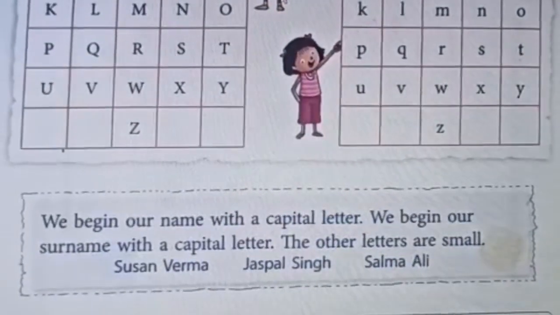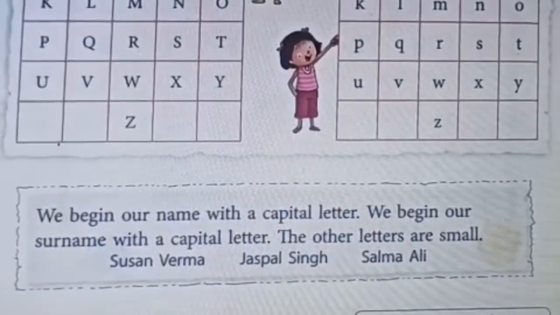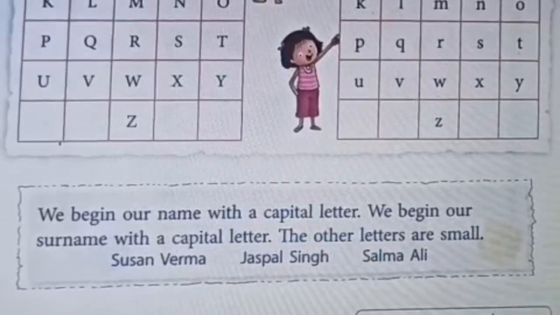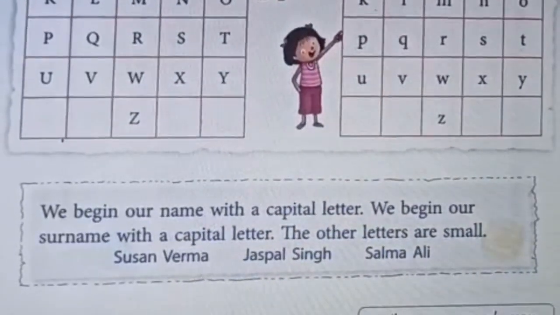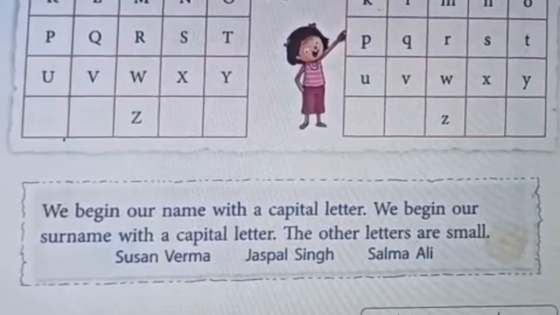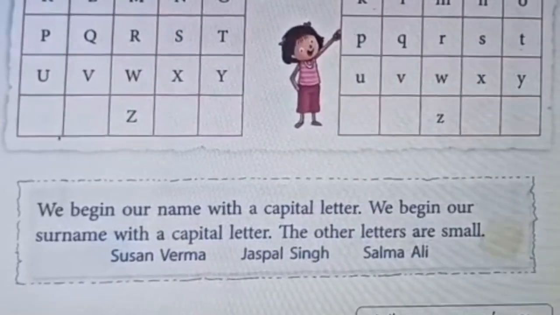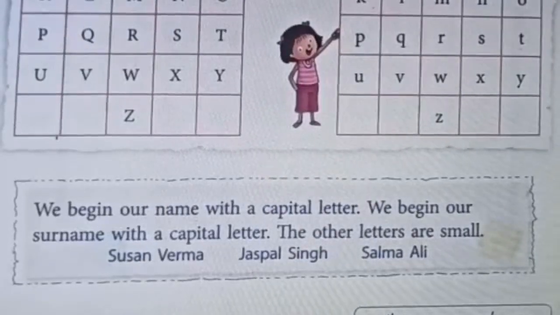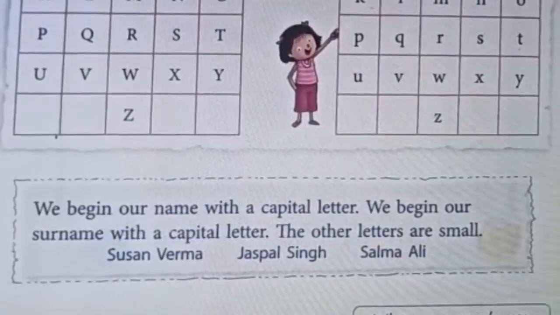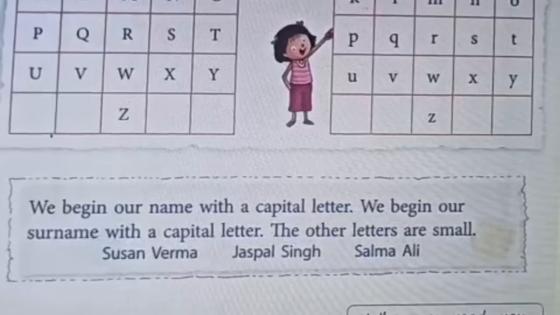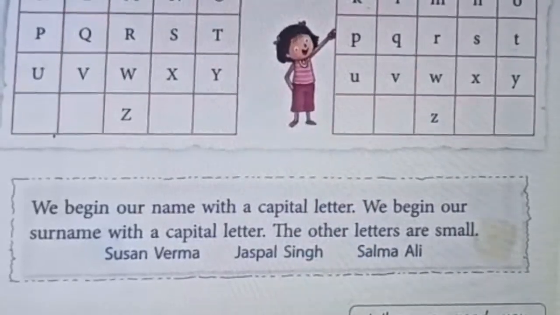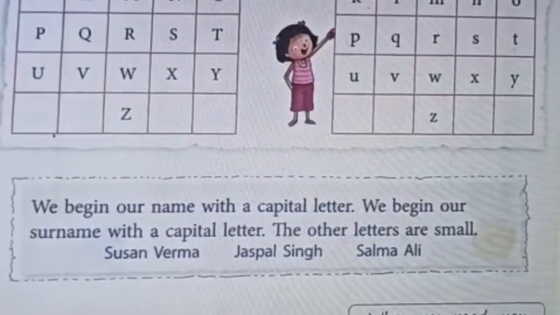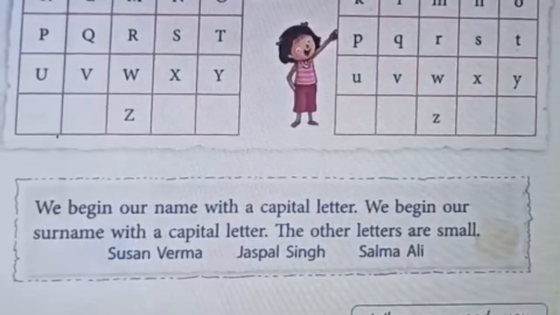We begin our surname with a capital letter. The other letters are small. Like for example, here given Suzanne Verma. So for Suzanne, first letter S is capital and Verma is surname. So V, the first letter, is capital. Rest all letters are small.